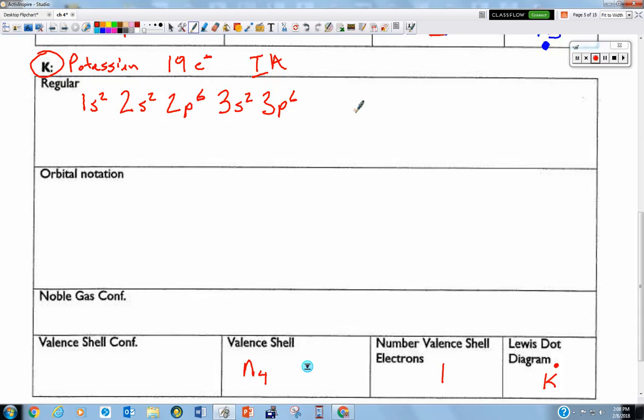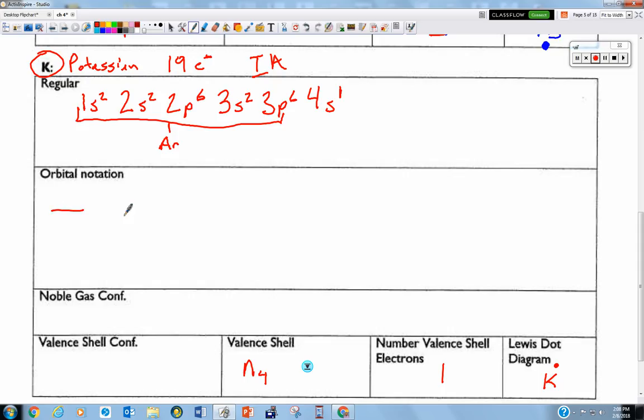Now is where it starts getting tricky. At this point, what element are we at? That's argon. So potassium in relation to argon, what does potassium have different? Potassium has a 4th energy level with an s orbital and 1 electron in it.